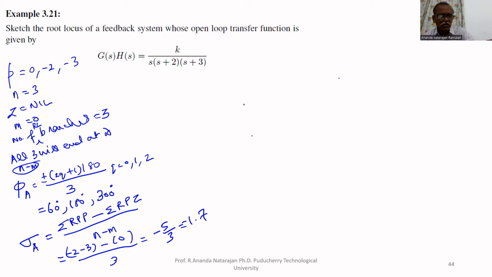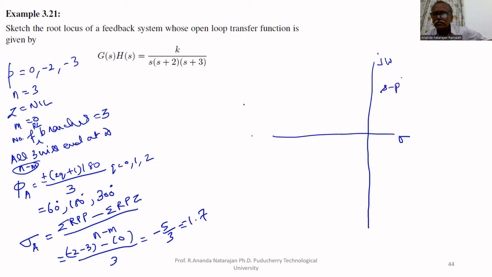Now let us draw the root locus. For that, we have to take the S-plane, sigma j omega S-plane. So minus 1, minus 2, minus 3, minus 4, 0, j, 2j, minus j, minus 2j.